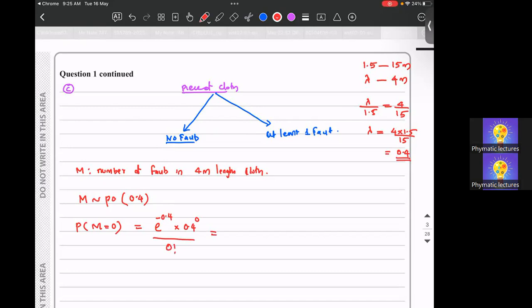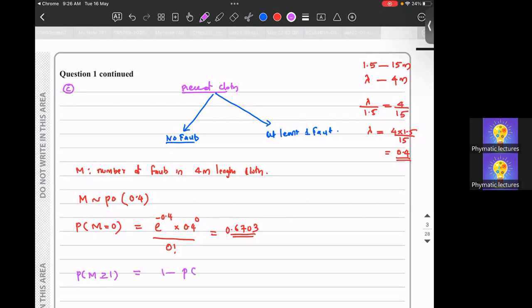That is the formula. If you input this, we will get 0.6703. This is the probability of not having any faults.